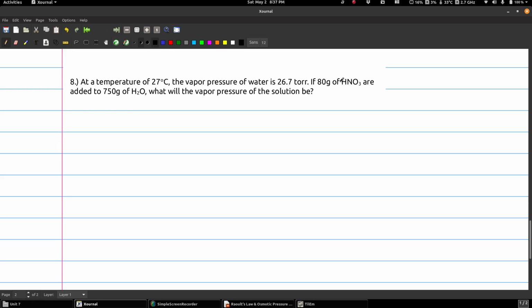So if you have 80 grams of HNO3 and they're added to 750 grams of water, what is the vapor pressure? So your question should be, how do I put this in this formula? So it's super simple. The pressure of your solution is your mole fraction times your vapor pressure. So let me put that in the correct form.